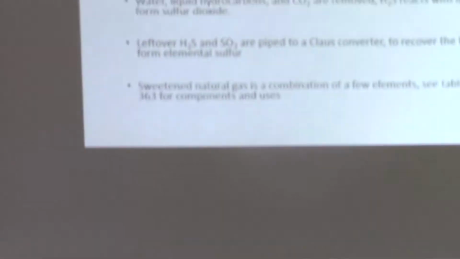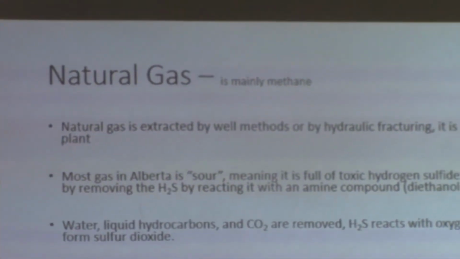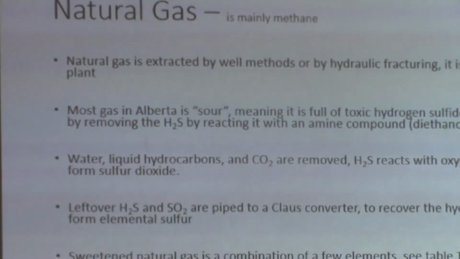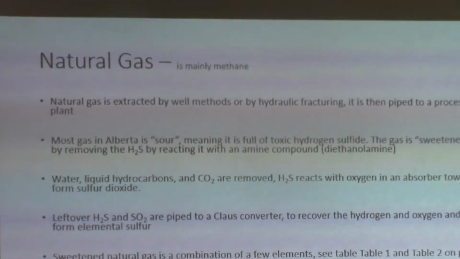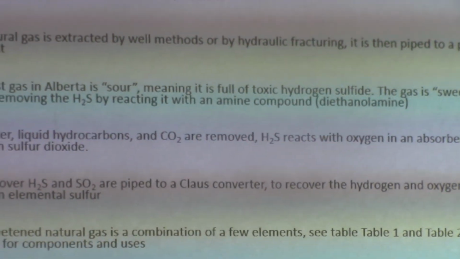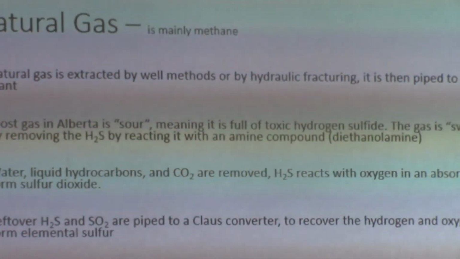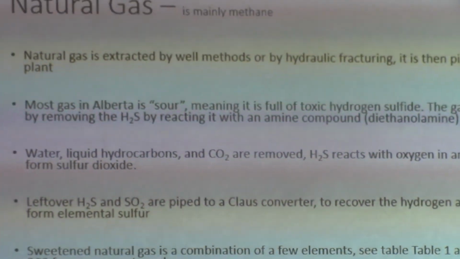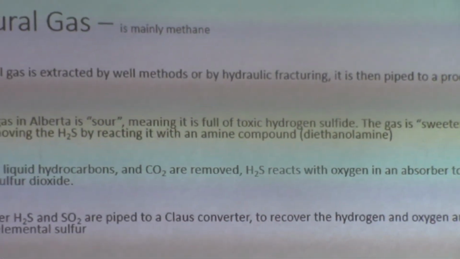Okay, so, excuse me, natural gas is our most abundant resource in Alberta. So natural gas is mainly methane. It's extracted by conventional well methods or by hydraulic fracturing. So what we do with hydraulic fracturing is we put pipes into a natural gas play in sedimentary rock.